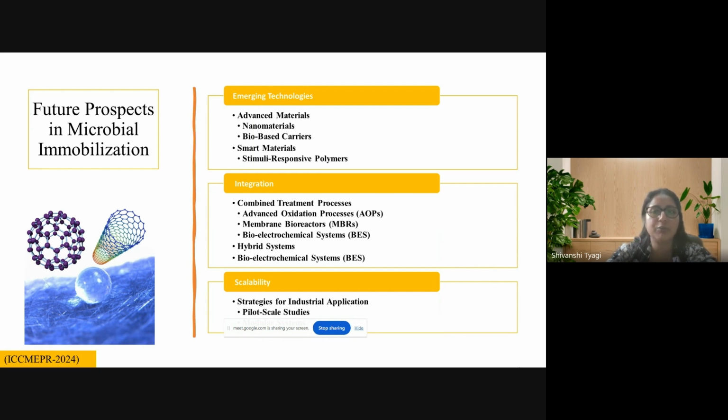The integration of two or more processes like advanced oxidation processes and membrane bioreactors can be useful. And for scalability, these studies can be upscaled to pilots, and pilot scale studies can be upscaled further.